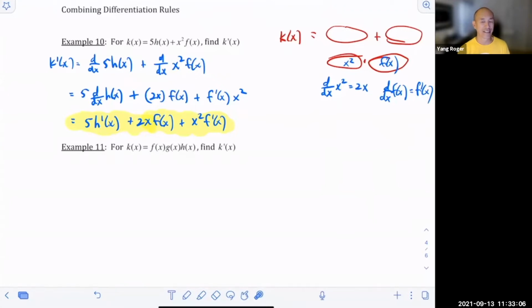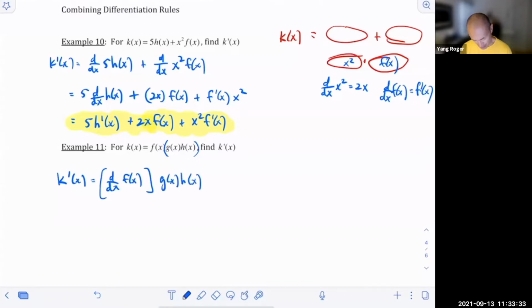How many products do you see here? You actually see 2 products, right? So I think the first thing we could do is put parentheses here. So we go to calculate this. The derivative is going to be the derivative of the first function, you keep the second function, plus the derivative of the second function, and you got to keep the first function.